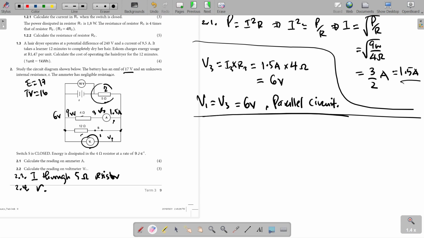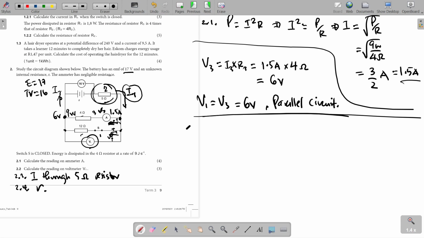When current comes from the cell, this is the total current. That total current is the same current passing through the 5 ohm resistor. But when it reaches this branch, the current splits into 2 parts. This one will be I1, this one will be I3. And then that current comes back together after meeting the junction again as the total current.